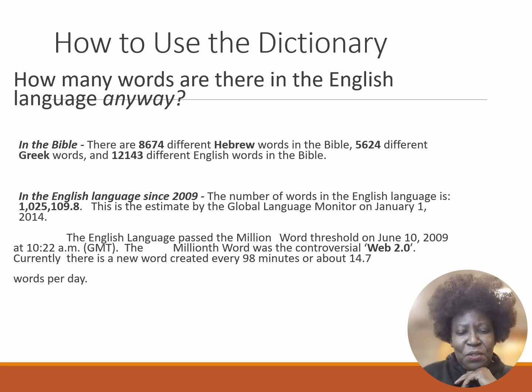The 1 millionth word was the controversial Web 2.0. A lot of our new words are technology oriented type words, and currently there's a new word created every 98 minutes, or about 14.7 words a day.